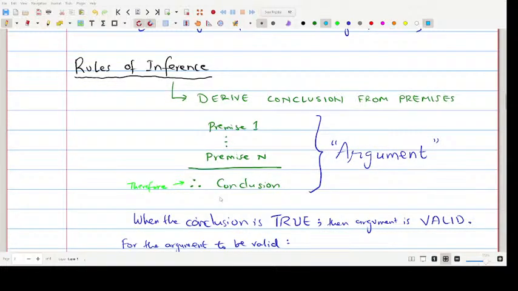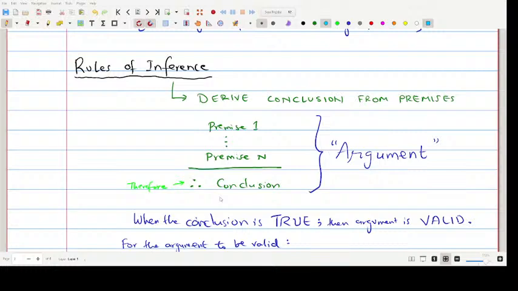Then we got into the rules of inference. We observed that the definition of inference is the derivation of a conclusion from premises. We have a few premises and we combine them using conjunction.